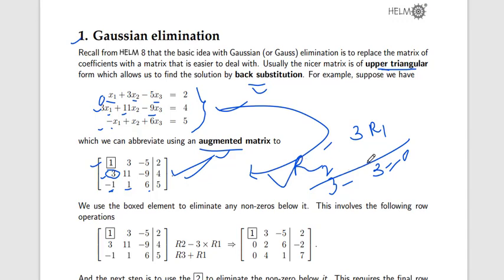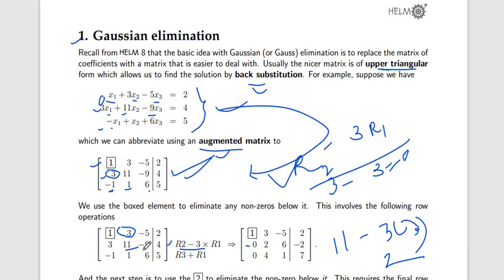We do the row operation R2 minus 3 R1 here, and all the row operations will follow this pattern, R2 minus 3 R1. So here it will become 0, and here 11 minus 3 into 3, that is 11 minus 9, which is equal to 2.